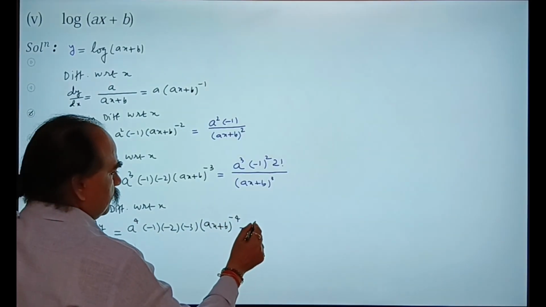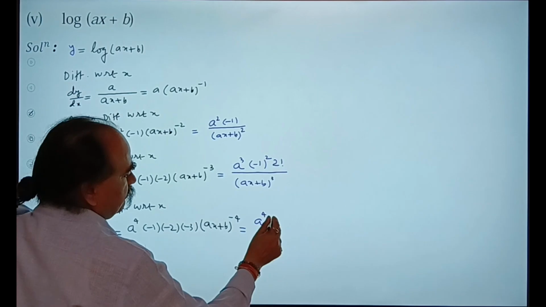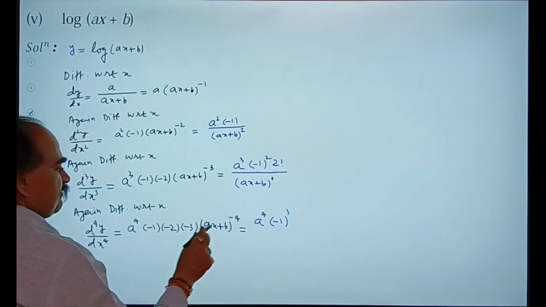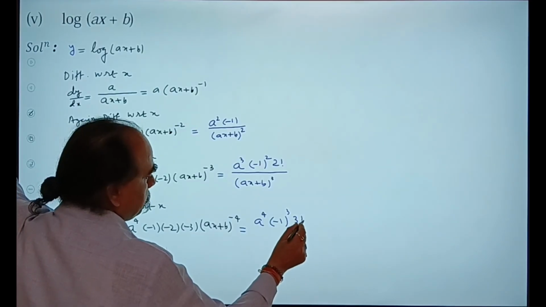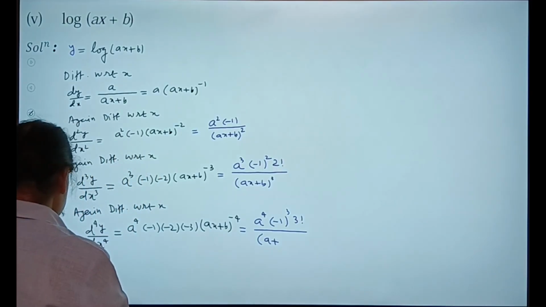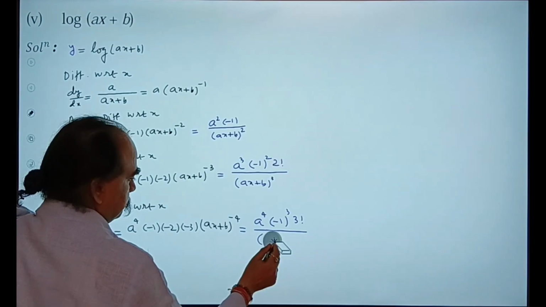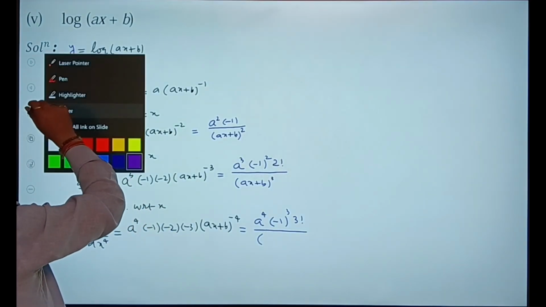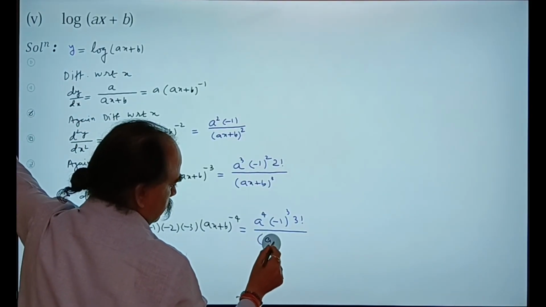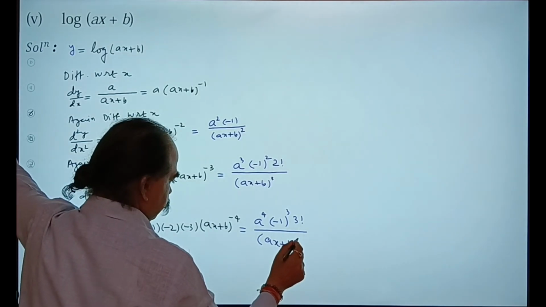Now, a raised to 4, minus is what? 3 times, so minus 1 cube. Then after that, 1 into 2 into 3 will become 3 factorial upon (ax plus b) raised to 4.